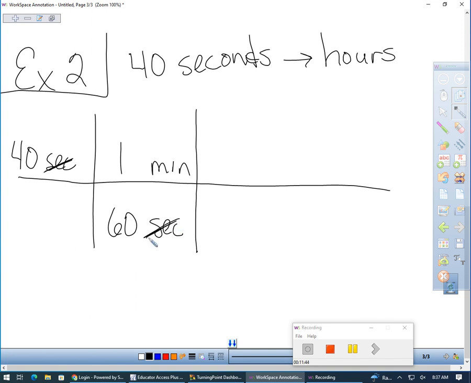Now can I go from minutes to hours? Okay. What's my conversion factor for that? Good. And where, Kaden, do you think I should put my 60 minutes? If I put it on top, is that going to cancel with the minutes that are there? Yes, we have to have 1 hour on top and 60 minutes on the bottom.